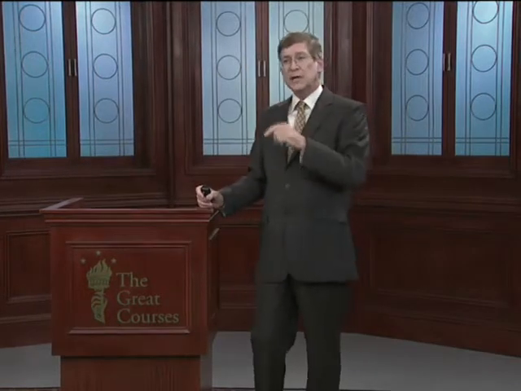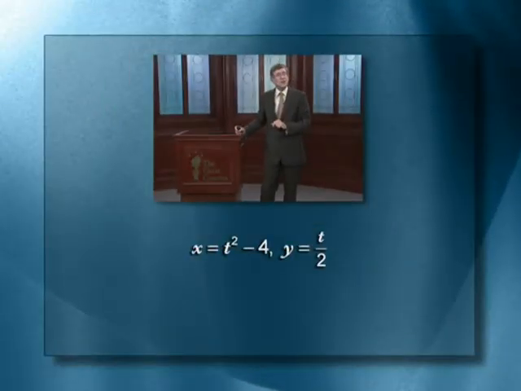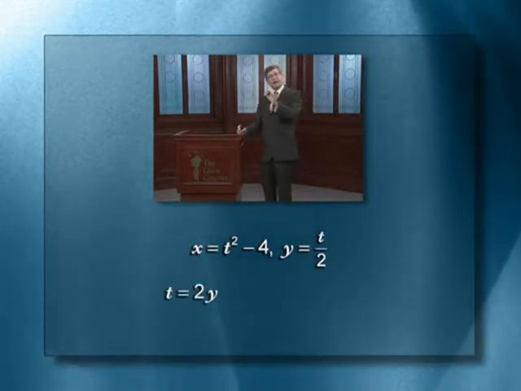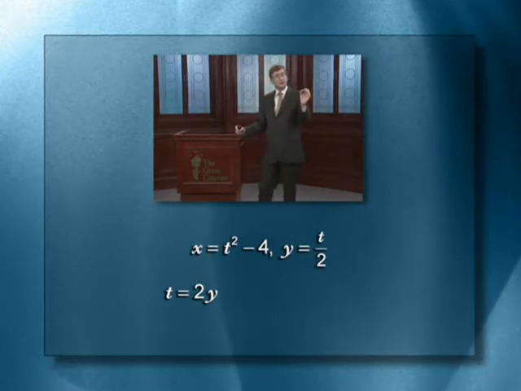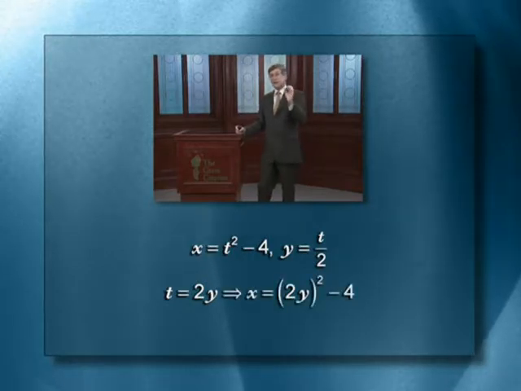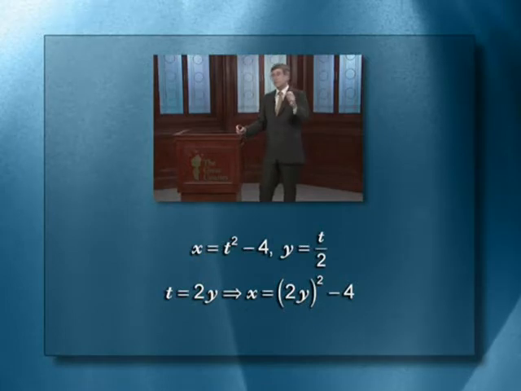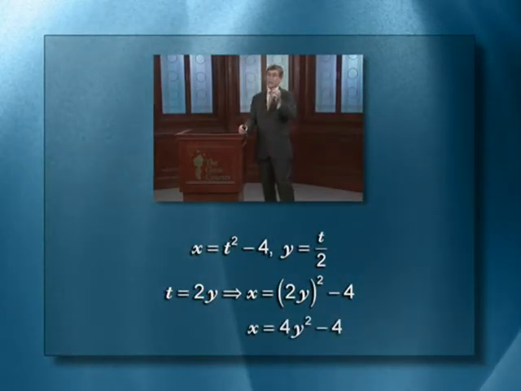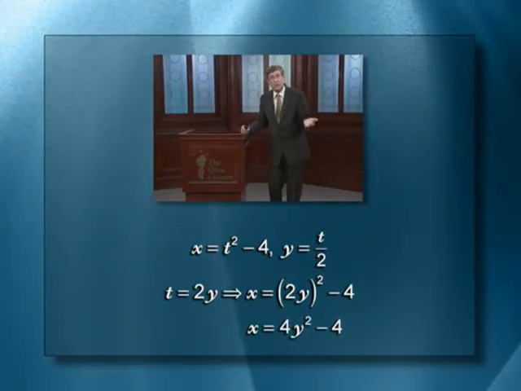Here's how you could do it. Notice the equation for y is t over 2, so that means that the variable t equals 2y. And take that value and plug it into the equation for x. And you'll get x equals, instead of t squared, you get 2y squared minus 4. In other words, x is 4y squared minus 4.